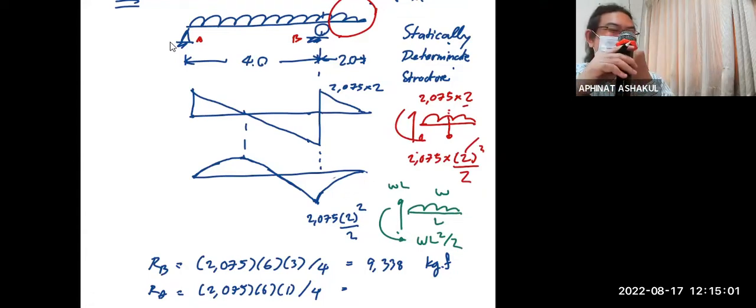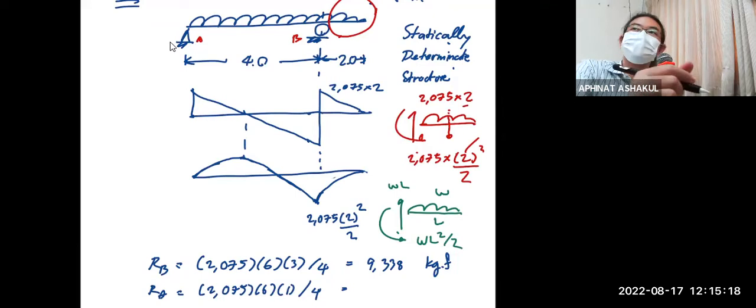And it's not just about this country. Many countries use a kilogram force unit. And RA? You can just say the number. 3112. Okay.